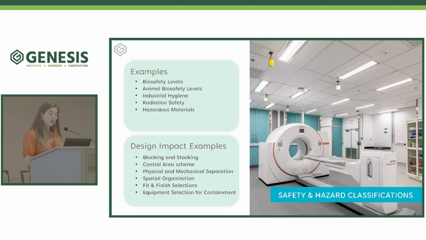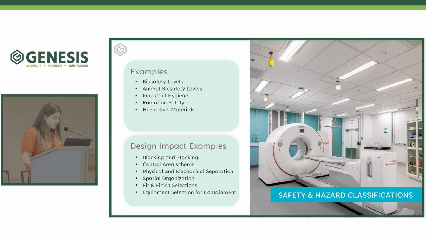Industrial hygiene pertains to the design strategies and containment measures that may be required for potent compounds, so other chemically or biologically derived hazardous compounds, and how those, if those are present in the environment, how are we dealing with them, or what measures might need to be taken.